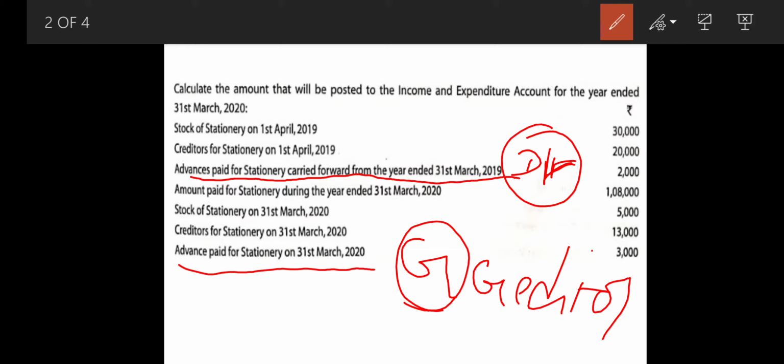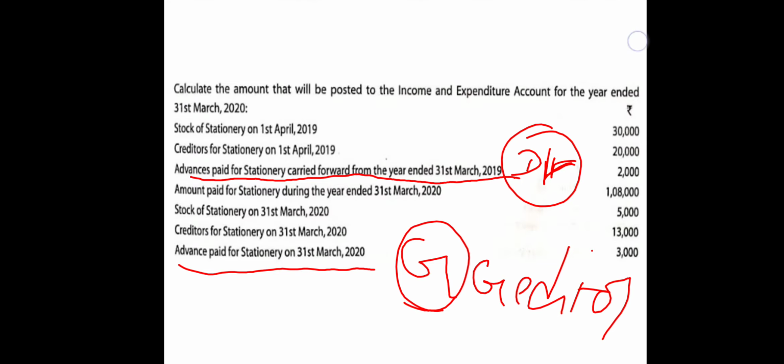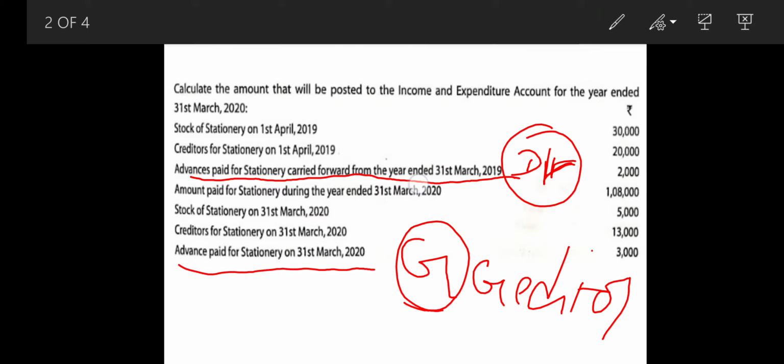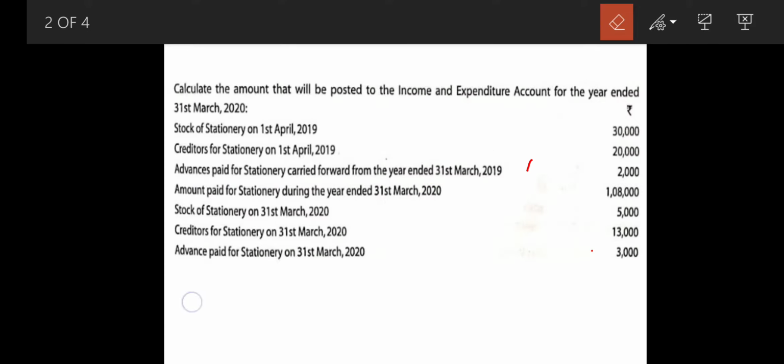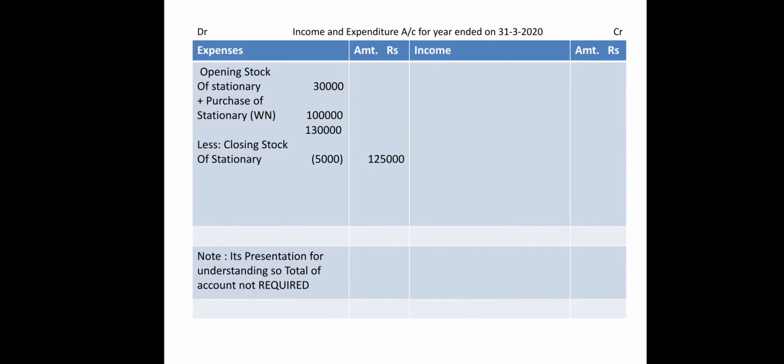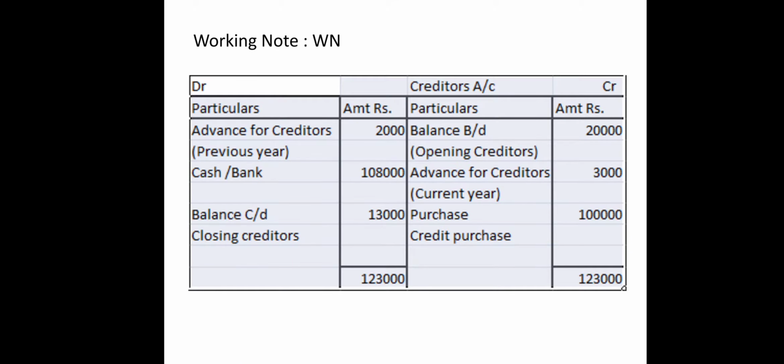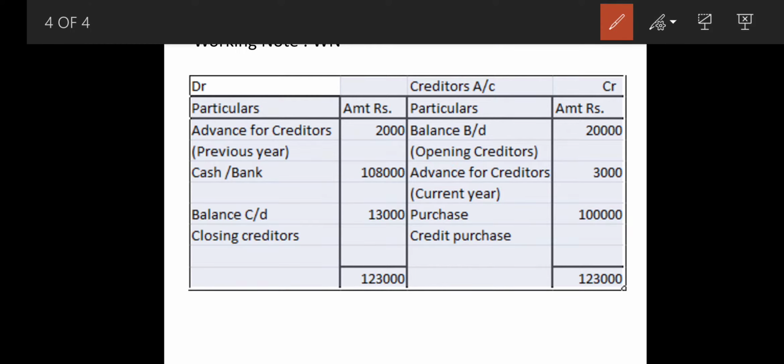First, again the same, we have to draw the format of creditors as usual, what we have prepared in such kind of sums. So first we will draw the creditors account. In the creditors account, very first transfer as usual, balance brought down 20,000, closing creditors 13,000.